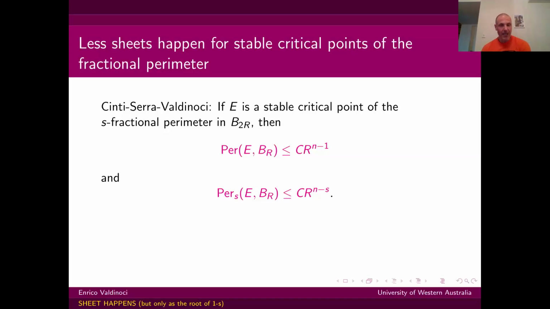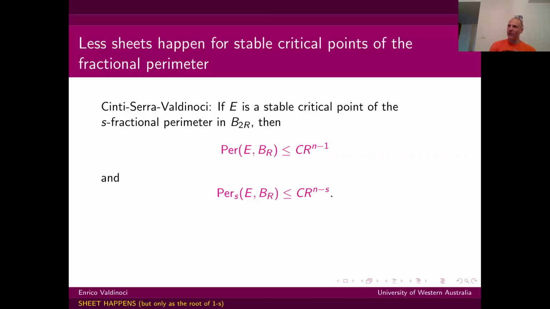Stable is enough. And it's a regularity result because you are saying that the stable critical points satisfy somehow a BV estimate. They have finite perimeter, and actually they have a perimeter with the right scaling.